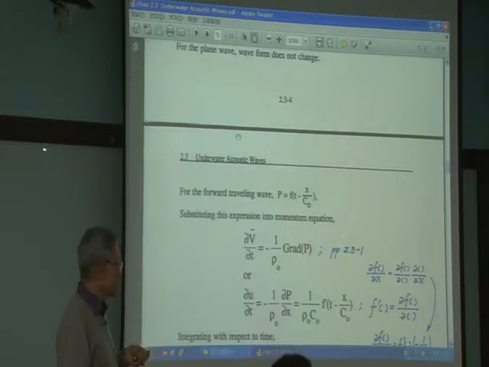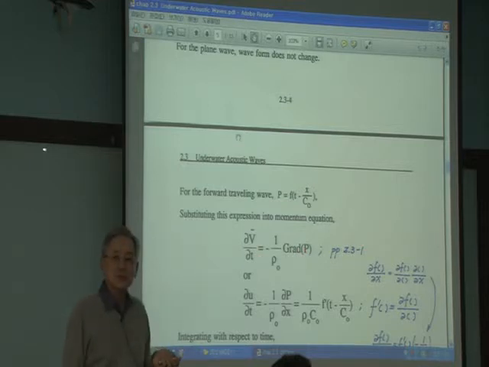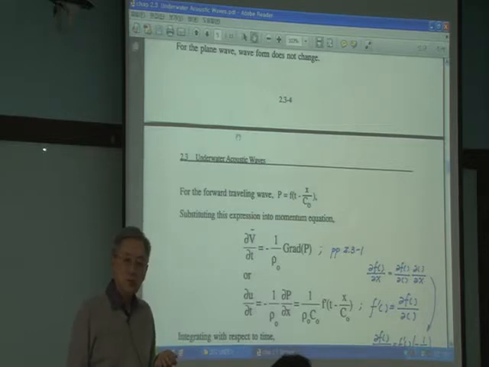Spatial operator. So this is called the reduced momentum equation. Remember? Page 2.3-1 in the lower part.